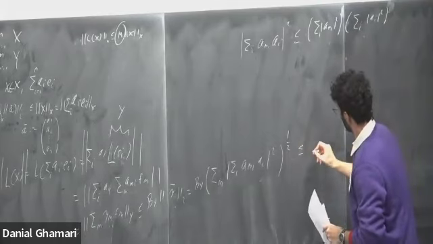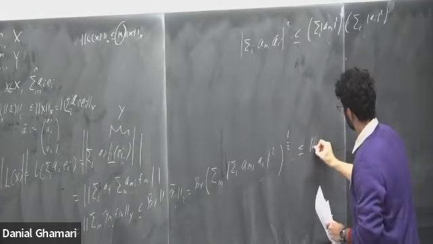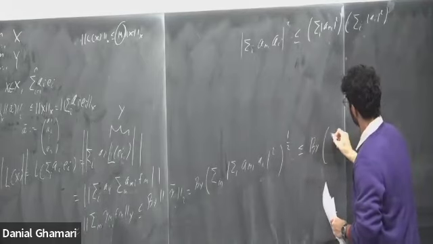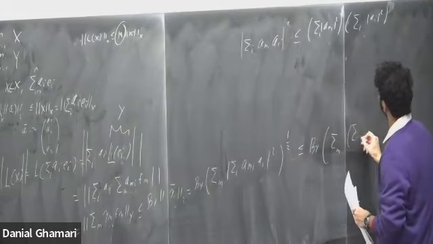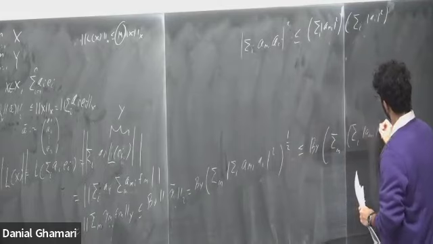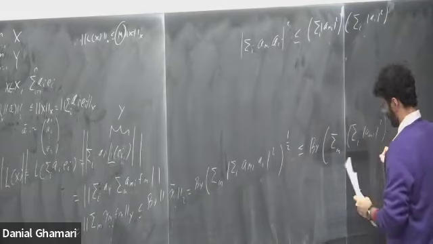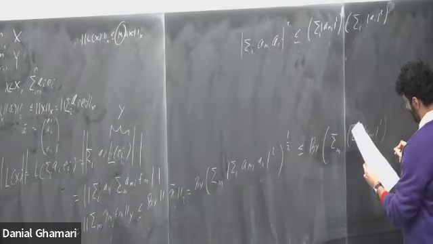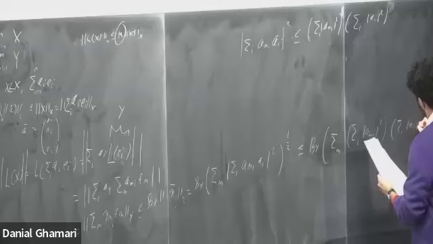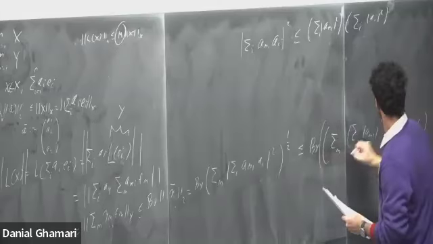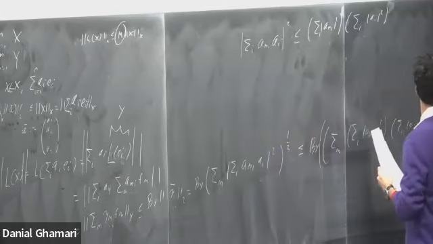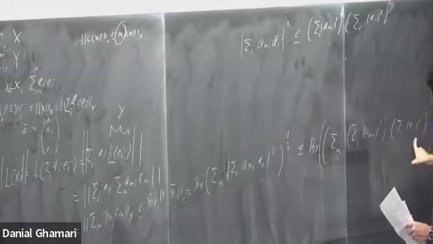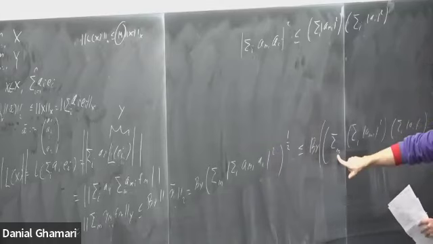This is less than or equal to beta_Y times the sum over m of the sum over i of a_{m,i} squared, and then we also have the sum over i of a_i squared. Now we can see that this term does not depend on m, so I can pull it out of this sum.